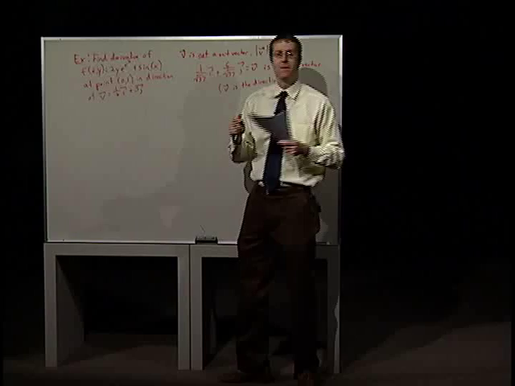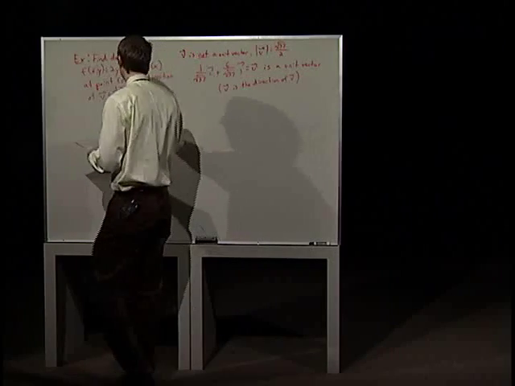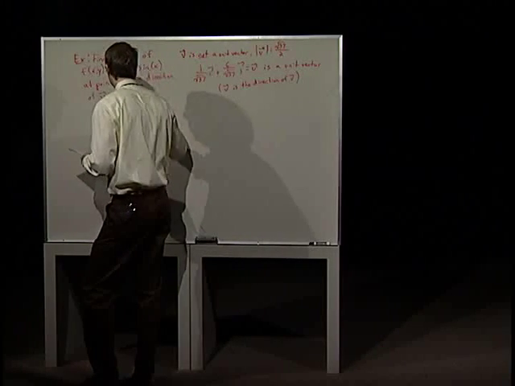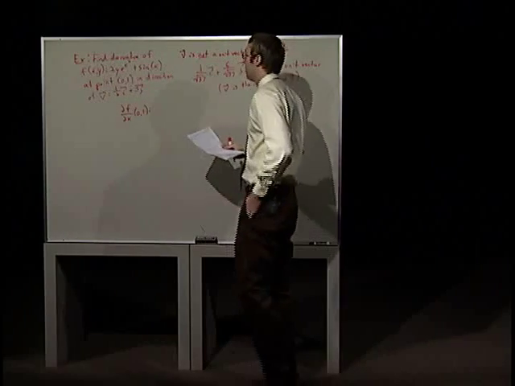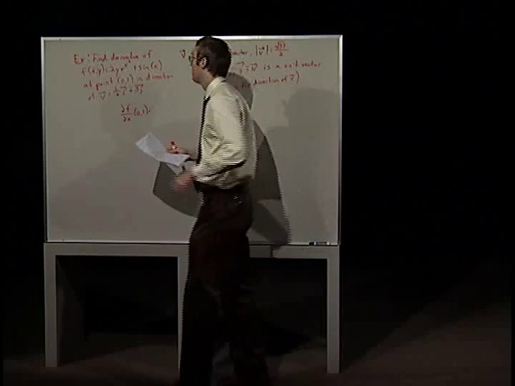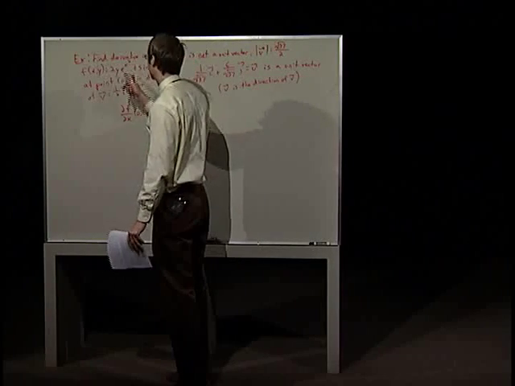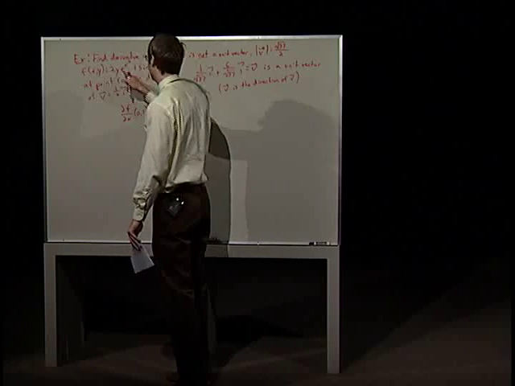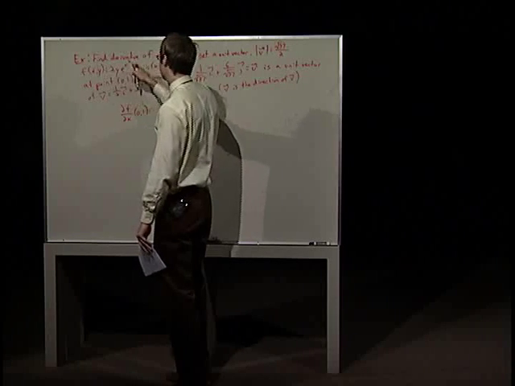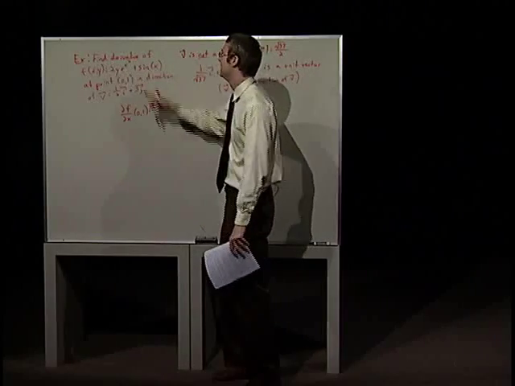So we have a nice unit vector now. We're halfway there. We need the gradient. So we need partial f partial x at the point (0, 1). The e to the x squared stays the same, and the derivative of x squared is 2x by the one-variable chain rule.